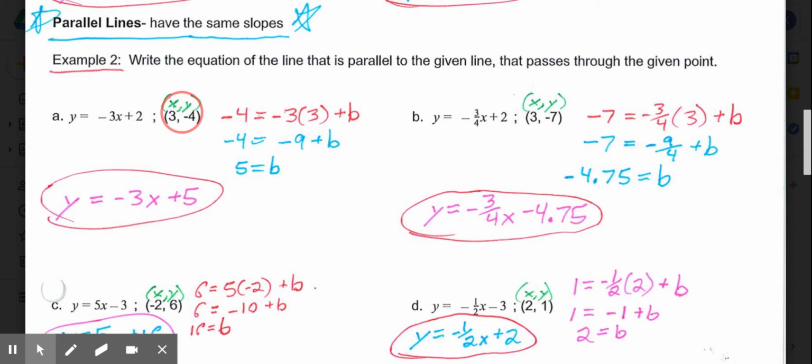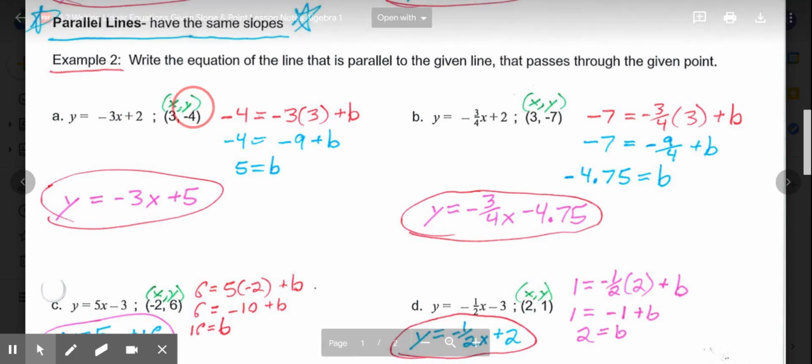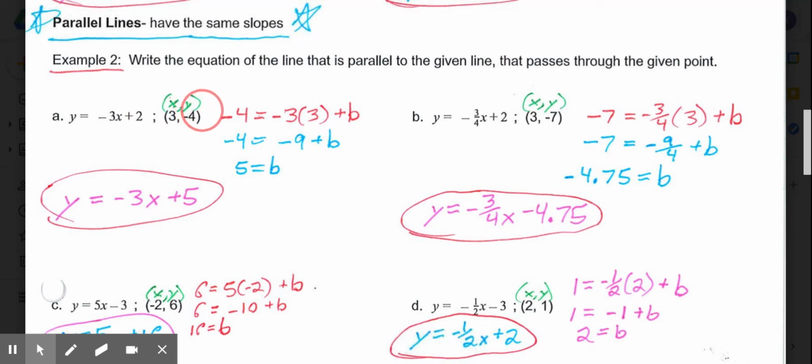So we're going to do the exact same thing we did before, setting up y equals mx plus b to solve for b, using the point here, and now we need to take the slope from the line that we're going to be parallel to. So we'll use the negative 3 for m, the 3 here for x, and the negative 4 for y.